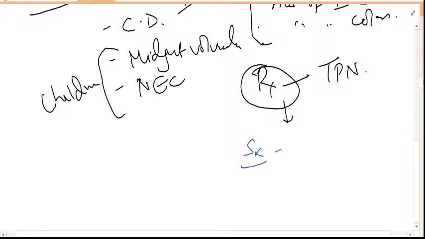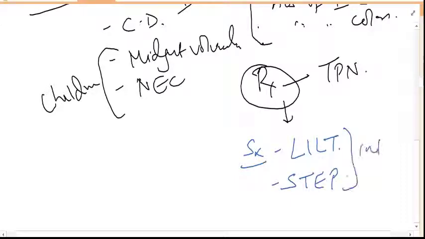Surgical options: there are longitudinal intestinal lengthening and tapering, then sequential transverse enteroplasty. So these are intestinal lengthening procedures. Can be tried, not very successful.